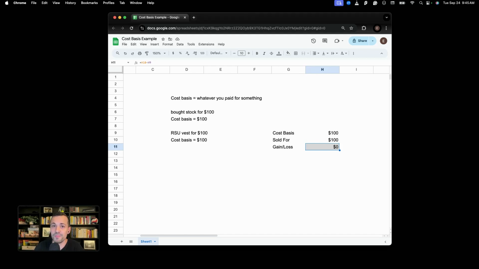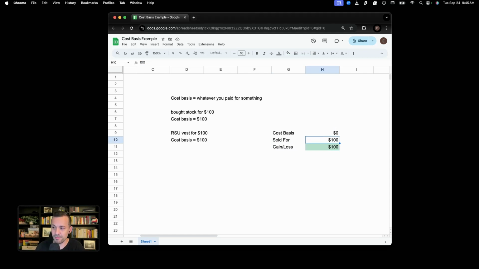Now, the issue is that this cost basis doesn't always track properly and often shows as a big fat zero in tax forms. So in this example, if the cost basis wasn't tracked, showed as zero, and we sold for $100, even though we were supposed to show a gain of zero, we are actually showing a gain of $100, and that $100 will be taxed based on how long we ended up holding the stock.